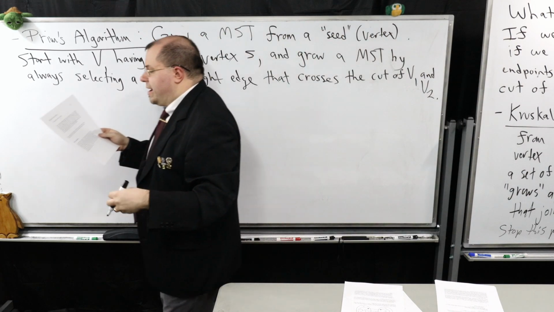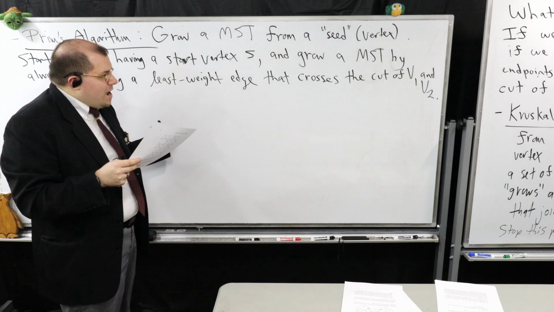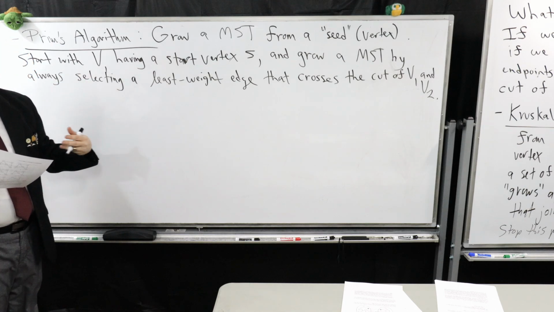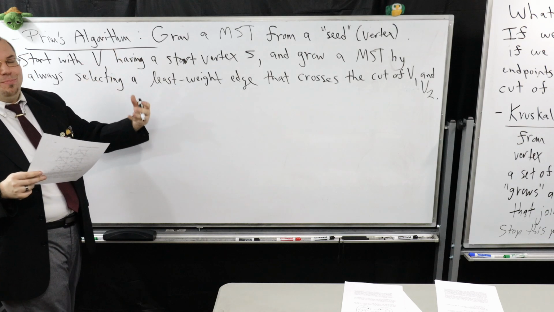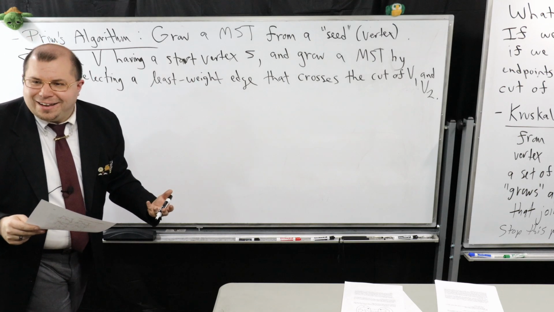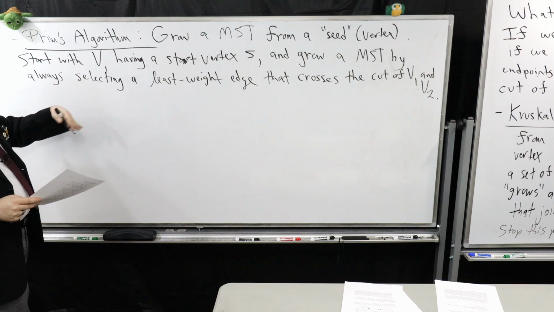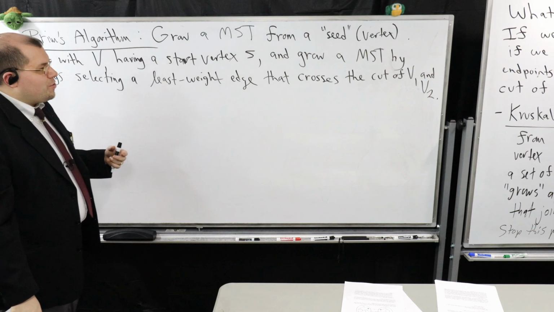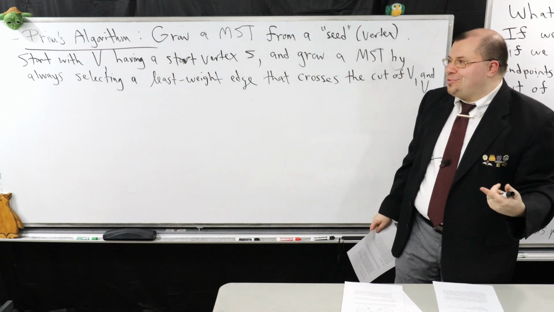So the idea is that as I do this, I'm going to start off at vertex S, and every time I'm going to imagine S is in V1, and every time I'm going to include another one of the vertices from V2, and I'm going to just imagine like a blob gobbling up that vertex. It's very, very hungry that day. So V1 just has a start vertex, V2 has all the other vertices in it, and it's just going to keep picking least weight edges that cross that cut.